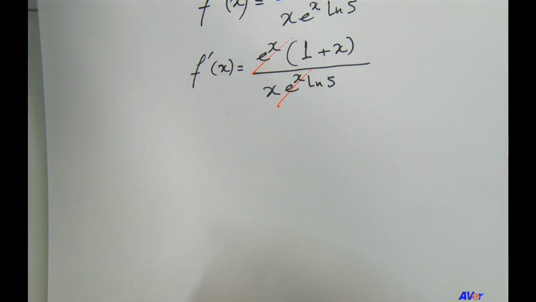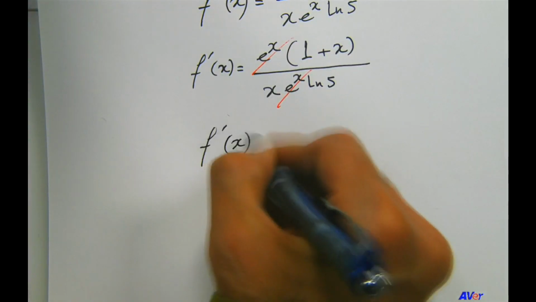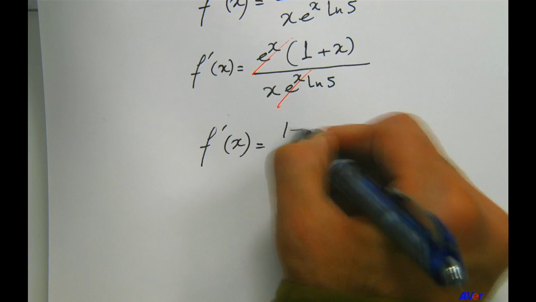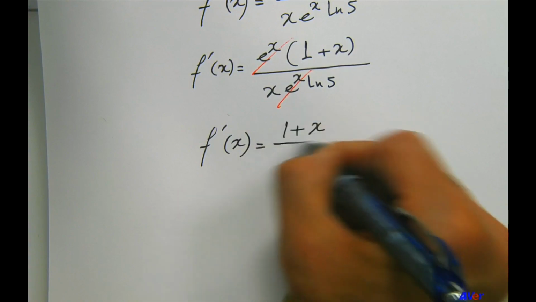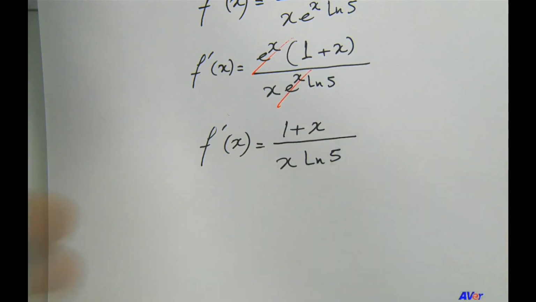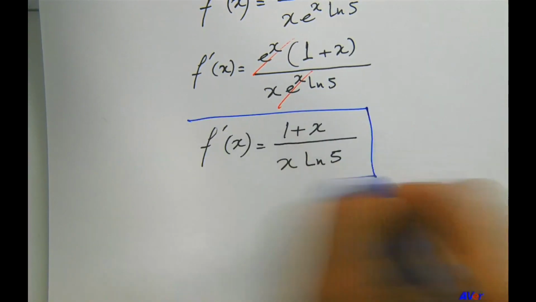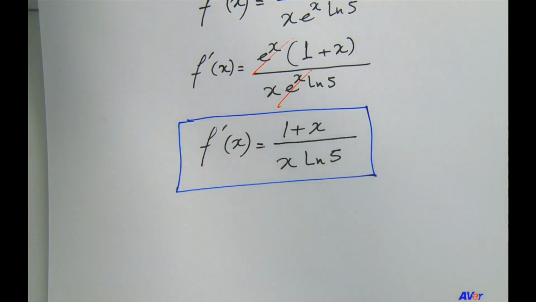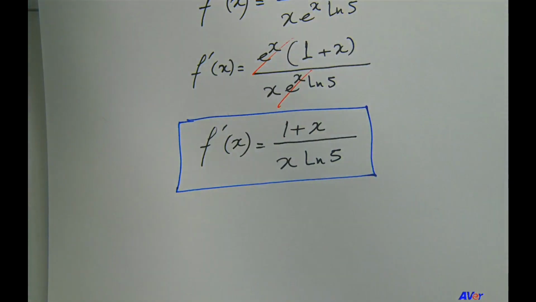We end up with f prime of x equals 1 plus x divided by x times natural log of 5. Like that. Okay? All right, so let's do another example.